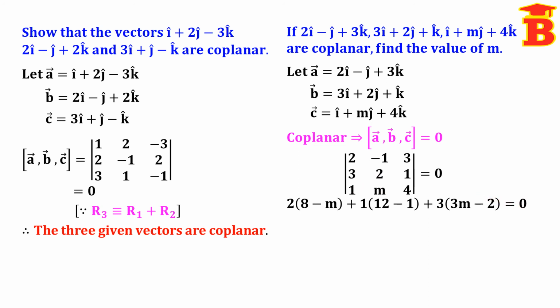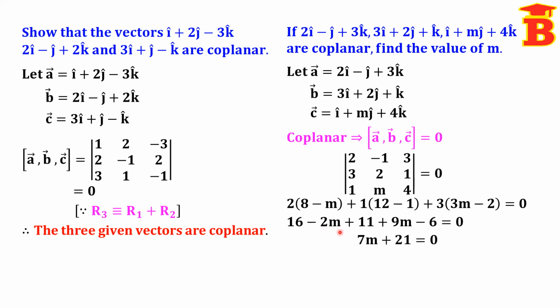Simplify, we can get the value of m. So this is multiply 2 inside the bracket, 16 minus 2m plus 12 minus 1, 11 plus multiply 3 inside the bracket, 9m minus 6 equal to 0.